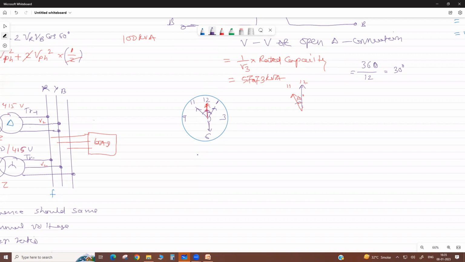So there are 4 vector groups possible. First is 0 degree, 180 degree, minus 30 degree, plus 30 degree. This configuration we can have. Okay, lagging, leading 30 degree. These are the four vector groups in a transformer.